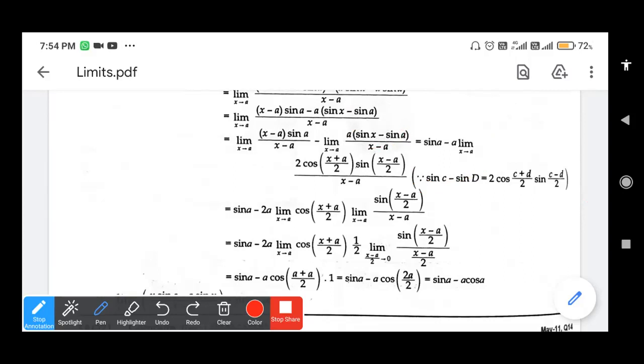Sin C minus sin D is equal to 2 cos (C plus D) by 2 sin (C minus D) by 2. So 2 cos of (x plus a) by 2 sin of (x minus a) by 2, whole divided by x minus a.